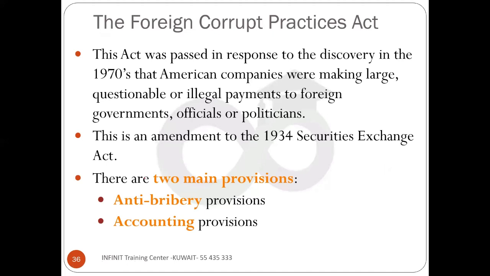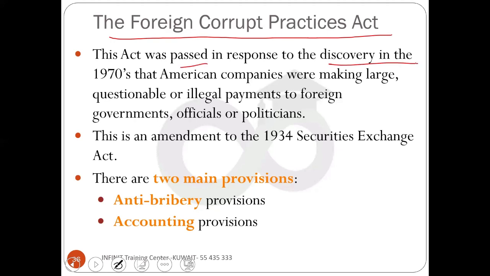First we will check what is stipulated by the Foreign Corrupt Practices Act. This act was passed in response to the discovery in the 1970s that American companies were making large, questionable, illegal payments to foreign governments, officials, or politicians. During the 1970s, it was found that American companies were making huge payments to get business from other countries.